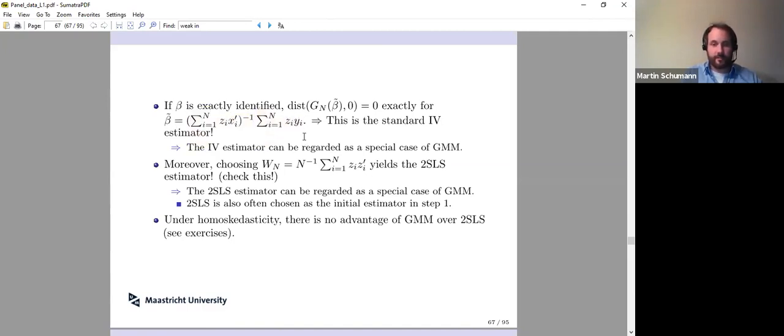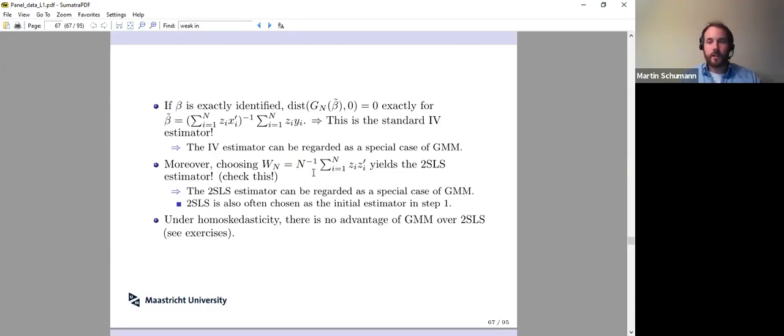You can check this, that's very easy actually. And this is also familiar to us. This is the classic IV estimator. Therefore the IV estimator is a special case of GMM. And moreover, you can also get the two-stage least squares estimator by using a particular weight matrix. If you use this weight matrix, then GMM will simply be the two-stage least squares estimator.